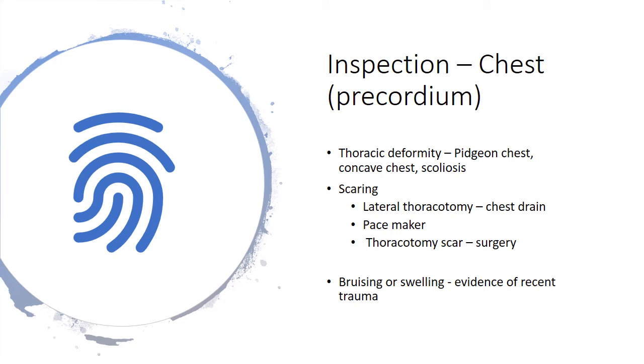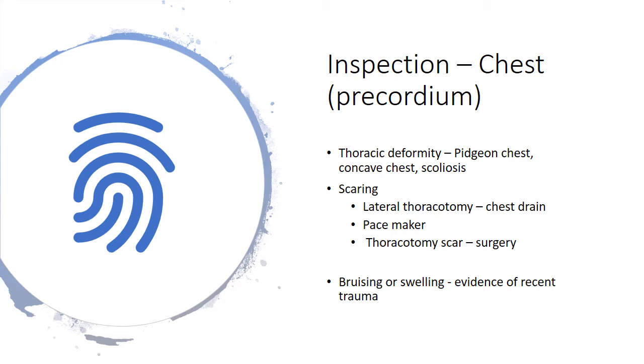As we continue our inspection onto the chest, or the precordium, which is the area of the chest around the heart, we're going to observe for any thoracic deformity such as pigeon chest or concave chest, or even some scoliosis. And these deformations might affect the way that the heart's able to function within the limits of the thorax.